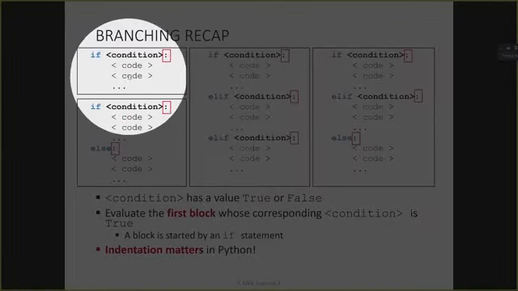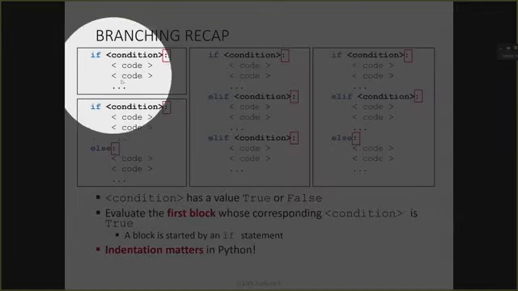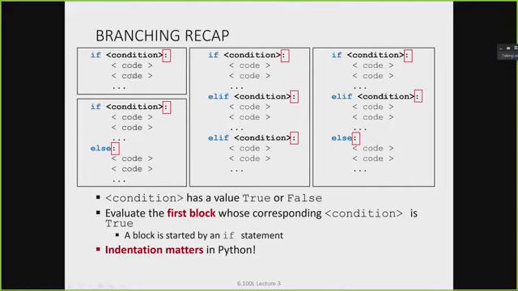So the first one up here was the simplest way that we could add a conditional to our program. It basically said, hey, go through the program. When you reach this if condition, Python would check the condition and say, if that condition is true, execute the code that's indented as part of that block. If the condition was not true, don't do anything, just carry on with the remaining program.